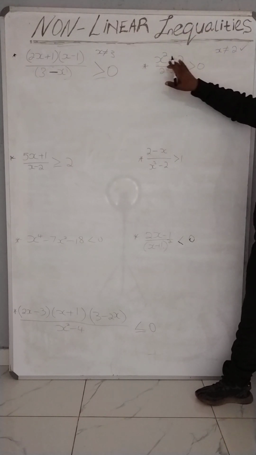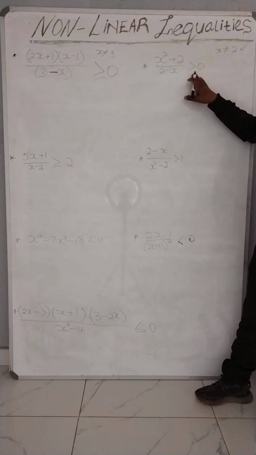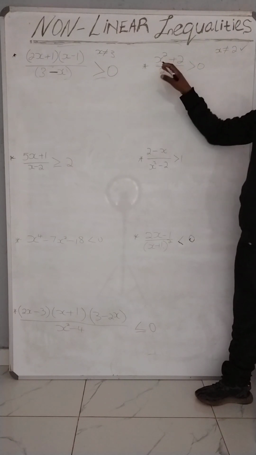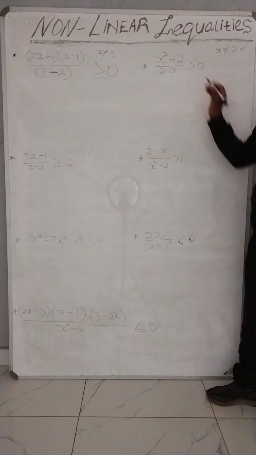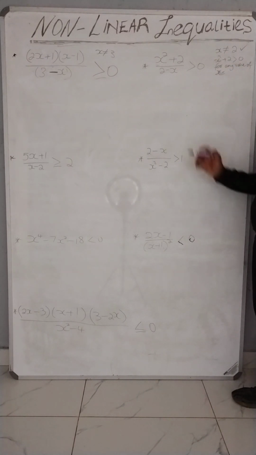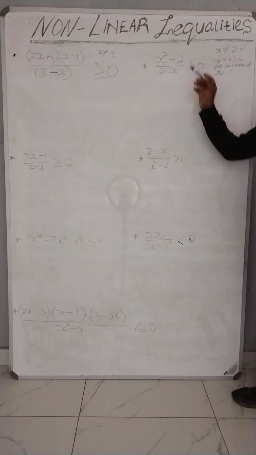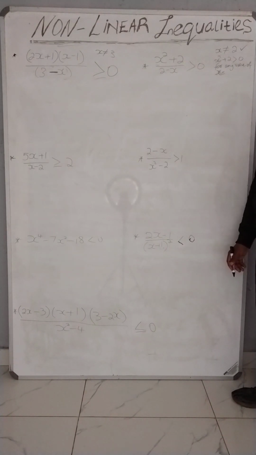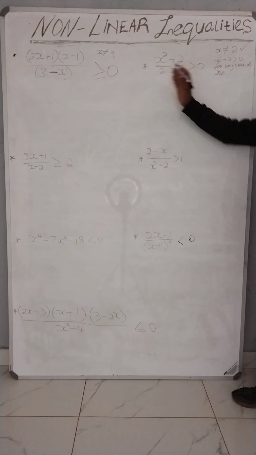And a positive value and a positive value will always be greater than 0. So you do not worry yourself with that. Your second answer, you'll just write: x squared plus 2 is greater than 0 for any value of x. Okay, for any value of x, x squared plus 2 will always be greater than 0. All right, I hope it's clear.